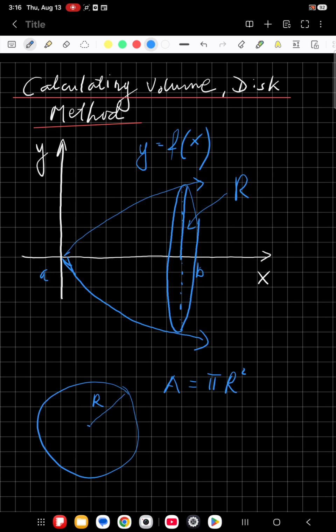We're interested in volume. So what we will do is form a disk. I'm going to draw it here. That's a disk, and it has some kind of thickness, that's the height.